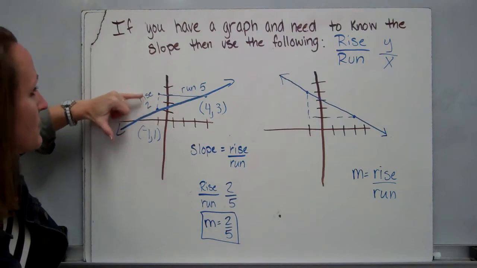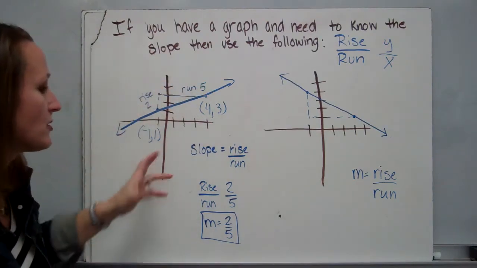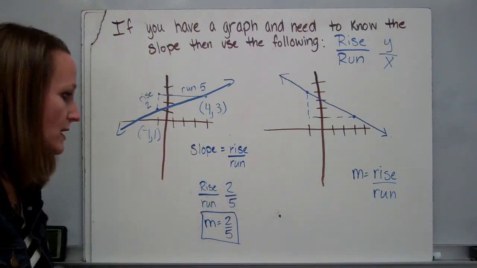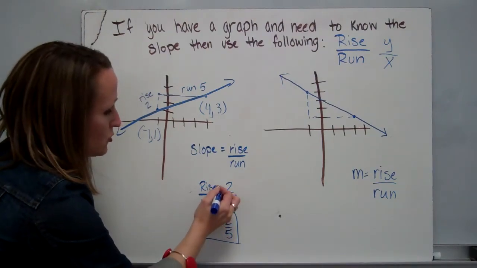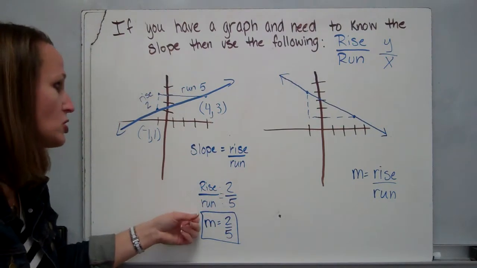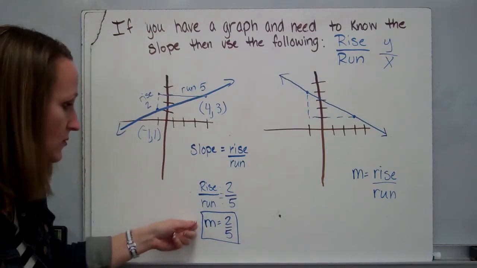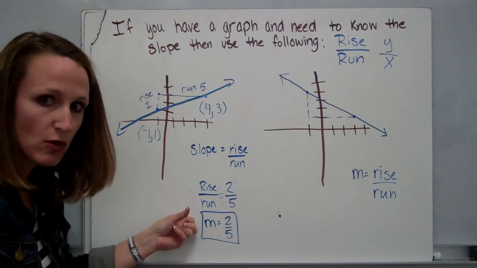So I rose up 2 and I ran 5. Well, since slope is rise over run, our slope of this graph would be represented with m equals 2/5.